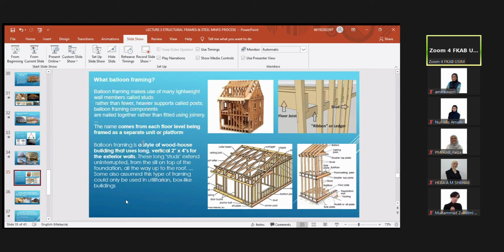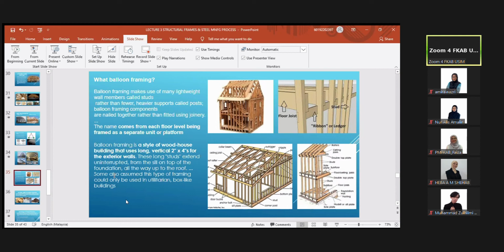Okay, and then room framing is a style of wood house building that uses long studs, this is vertical, the size is 50 mm by 100 mm for the exterior wall. So this long stud extends uninterruptedly from the bottom, from the sill plate on top of the foundation, all the way up to the roof.